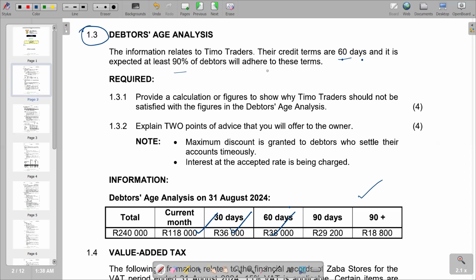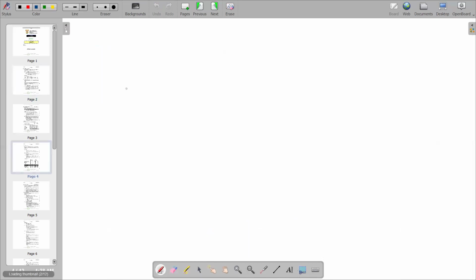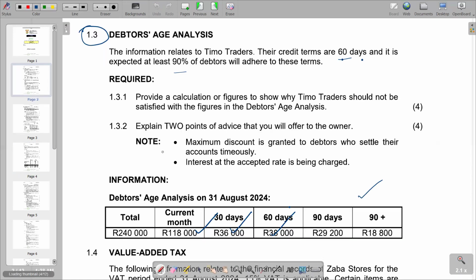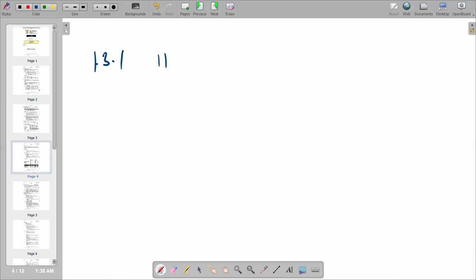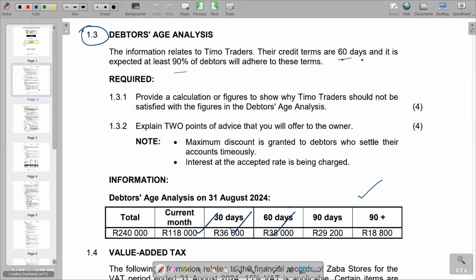So we go to our answer section, and we are going to calculate it as such, whereby we are saying we have 118,000 plus 36,000, and then we also add 38,000, that is on 60 days.